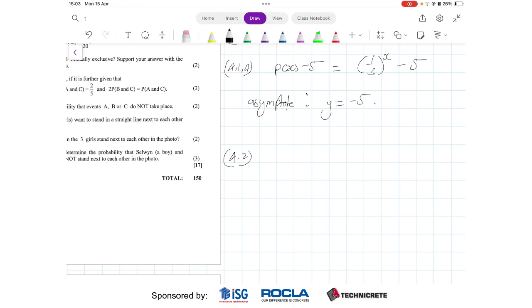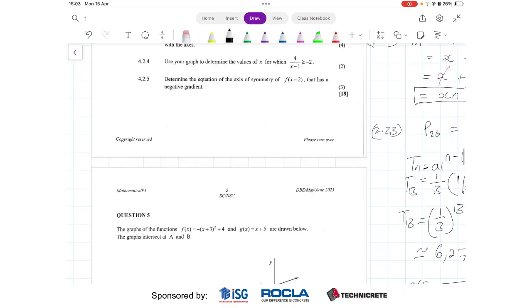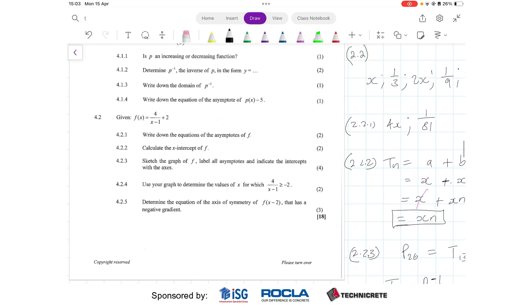4.2 gives us a wonderful equation in the form of a hyperbolic function. We are given f at x is equal to 4 divided by x minus 1, all plus 2. We're going to do the first three questions immediately.